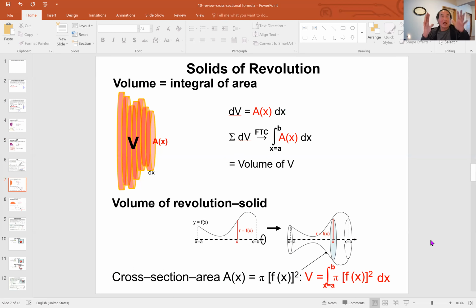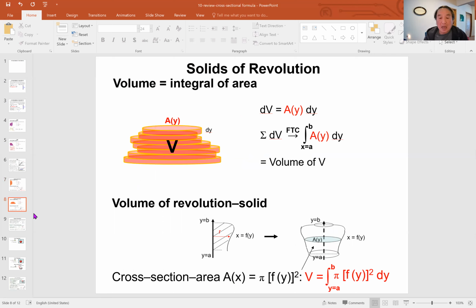Now suppose I take this stack of salami and put it horizontally, as slabs. Suppose I know the cross-sectional area in terms of y, and multiply by the increment dy, and I get the volume of each horizontal slab. I add all of them up, which is an integral, and that gets a volume. In particular, volumes of revolution: now I spin around the y-axis.